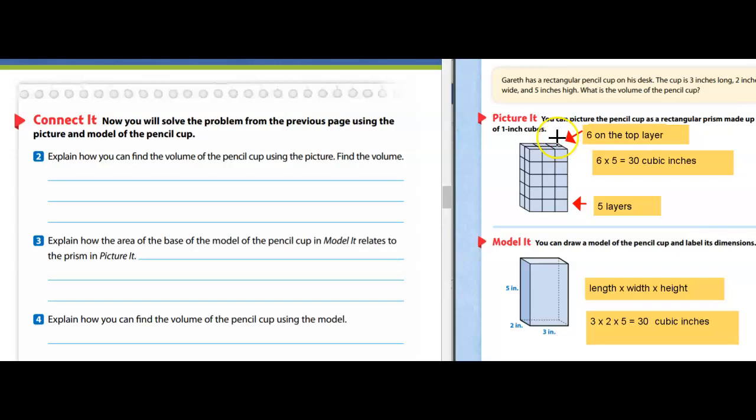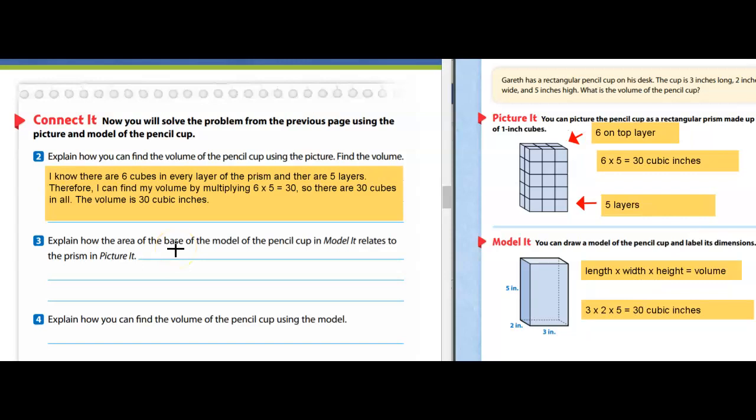So I can see I have 1, 2, 3, 4, 5, 6 1-inch cubes on the top layer. So I multiplied 6 times 4, and I found that my volume is 30 cubic inches. So write your explanation in the space right here in question 2. Press pause. Do so now.